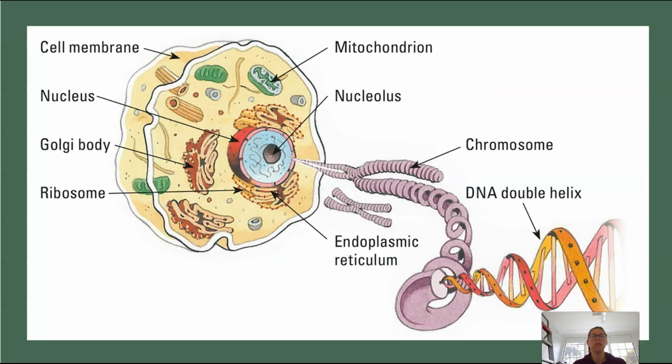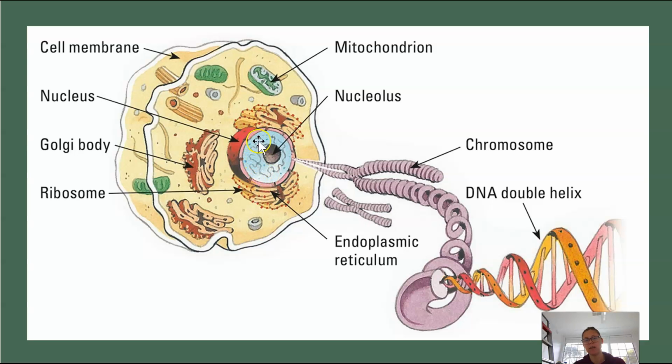So let's have a look, just to make it a little bit clearer about where things are. We do have our cell. In every cell, we have our nucleus here, and inside our nucleus is where our DNA is found. It's found on these chromosomes that are in here.